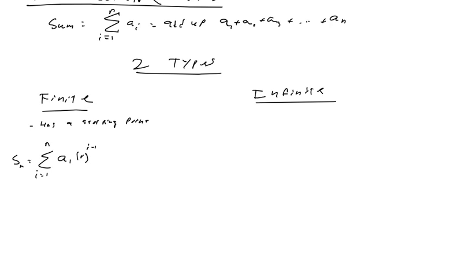So when you add up a geometric sequence like this, here's our sum. We have our geometric formula, our geometric equation here. You see the r value is here. You see the starting value is here. This is our geometric equation to the power of i minus 1.